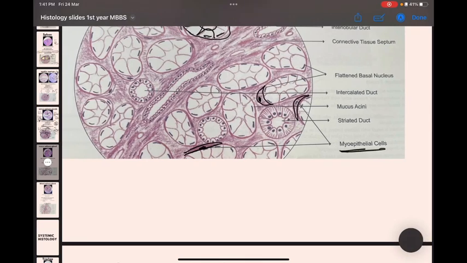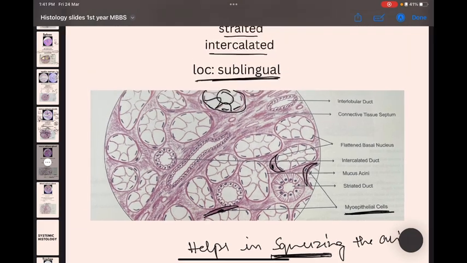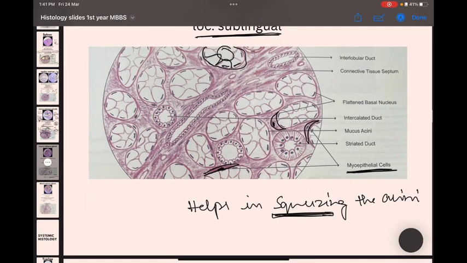Okay, so these cells help in squeezing the acini. Squeezing helps in propagation of the secretion of the acini. Okay.